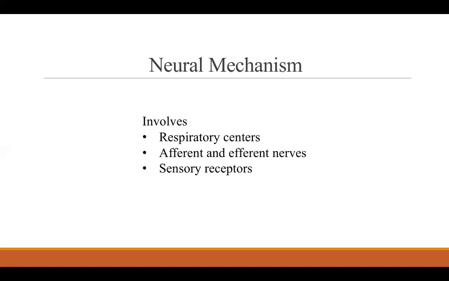The diaphragm is controlled by the phrenic nerve. The phrenic nerve is made of C3, C4, C5. These are cervical spinal nerves that come together to form the phrenic nerve.